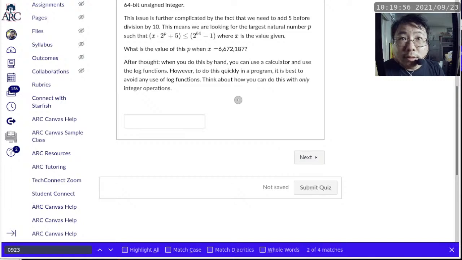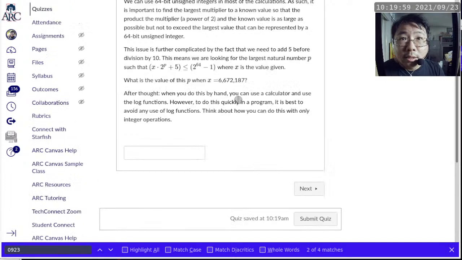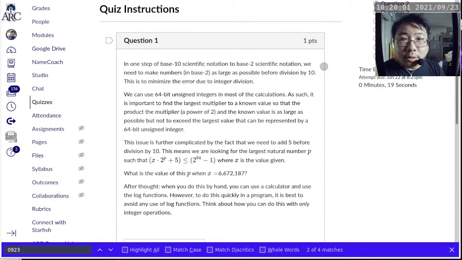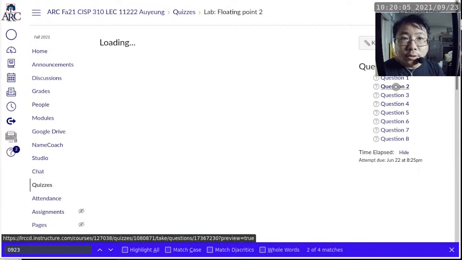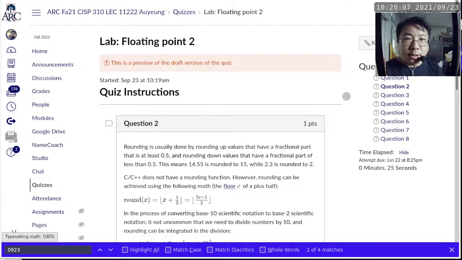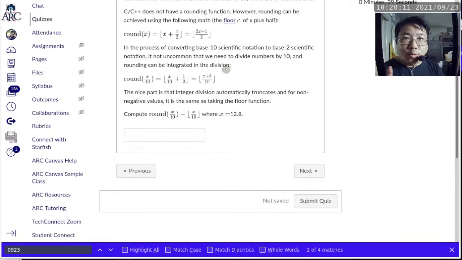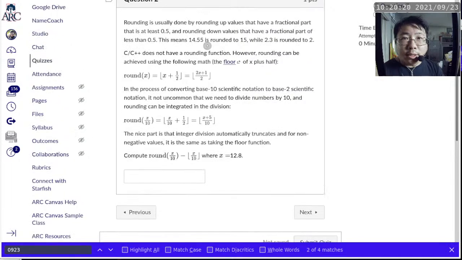This one is just an algebra thing. There are 4 types of questions, and then the 4 types basically repeat themselves. One question needs you to understand rounding versus the floor. There are links here to the definition of floor.